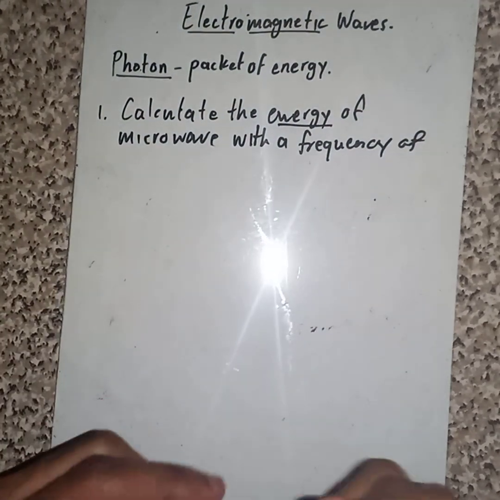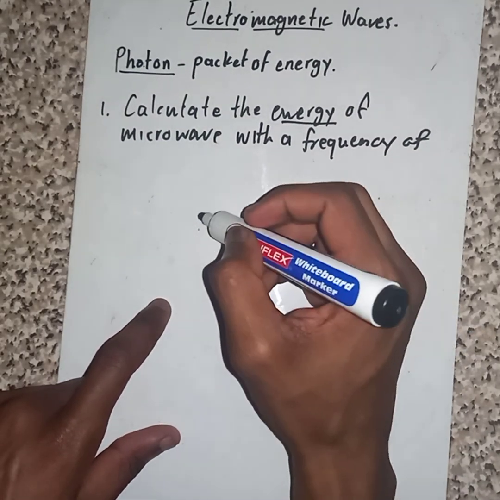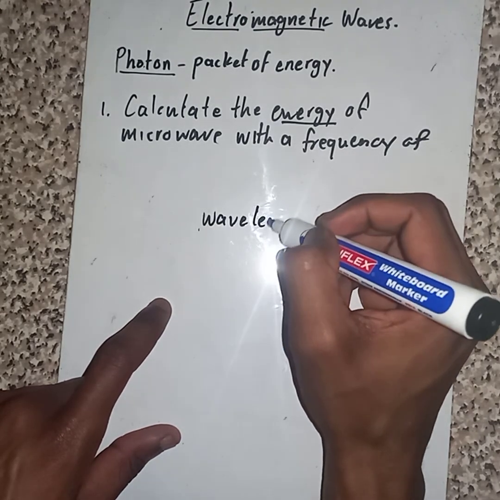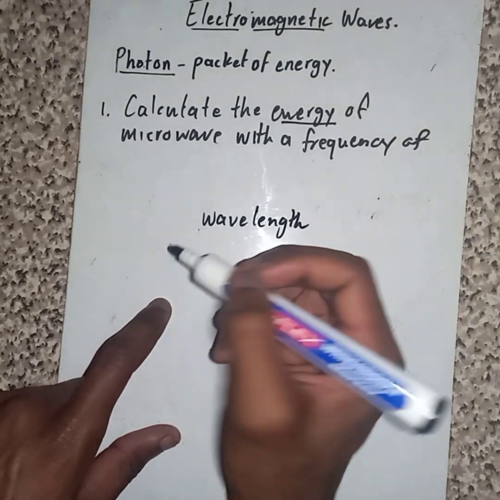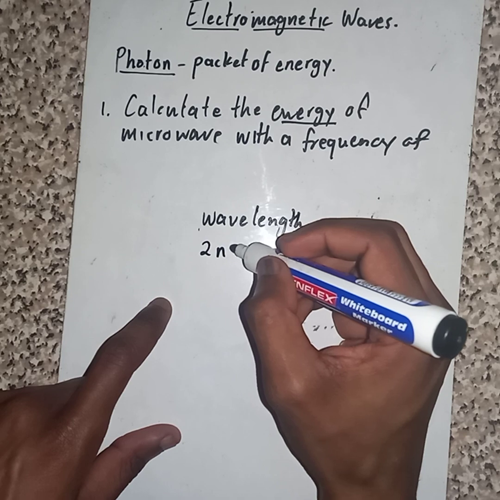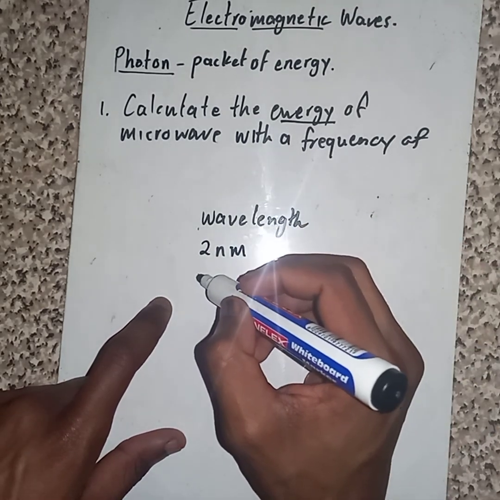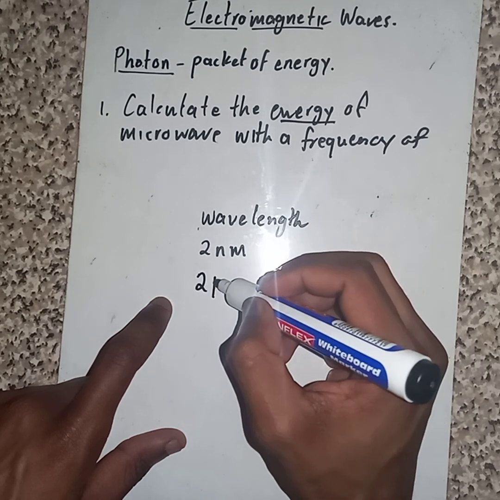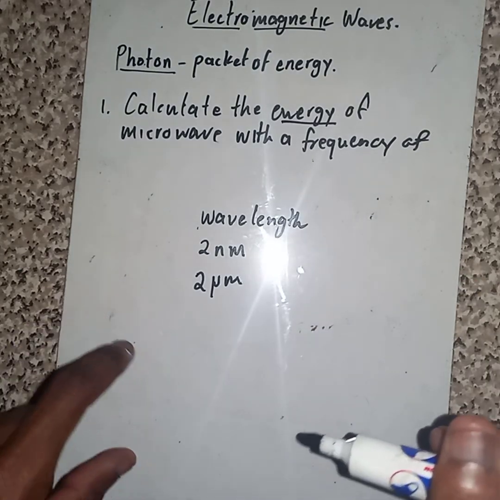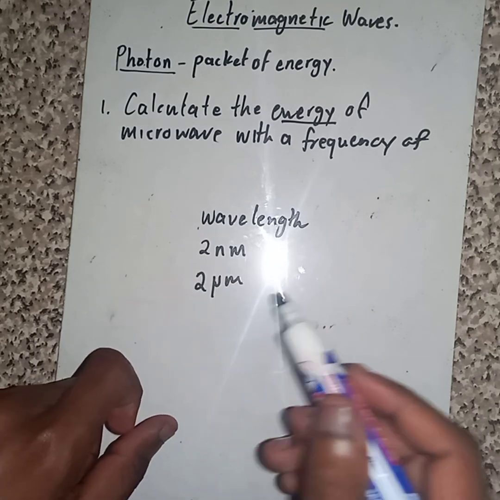Let's say we had some wavelength of, for example, 2 nanometers as well as 2 micrometers, and they say to us convert the following to meters.